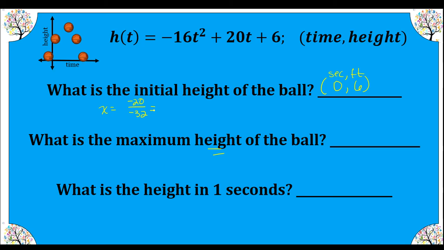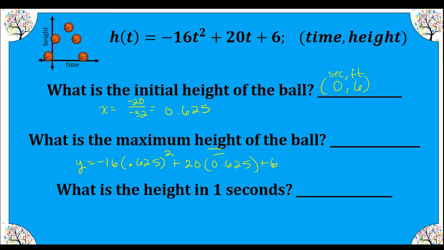Use my calculator. So again, please have your calculator handy. And we get 0.625. So that is going to be the seconds. Now we're going to plug this x value into our function: 0.625 squared plus 20, again replacing t with seconds.